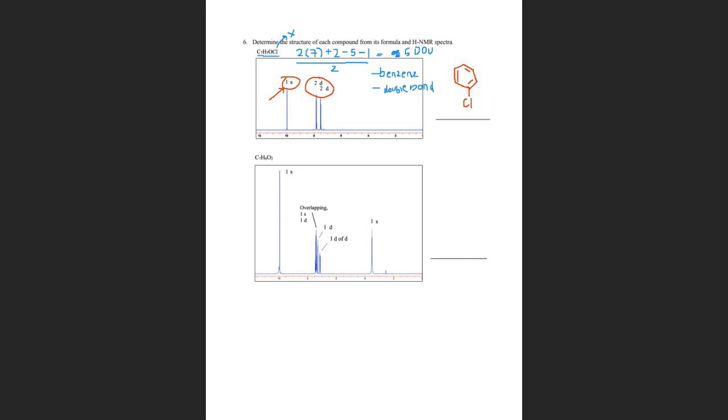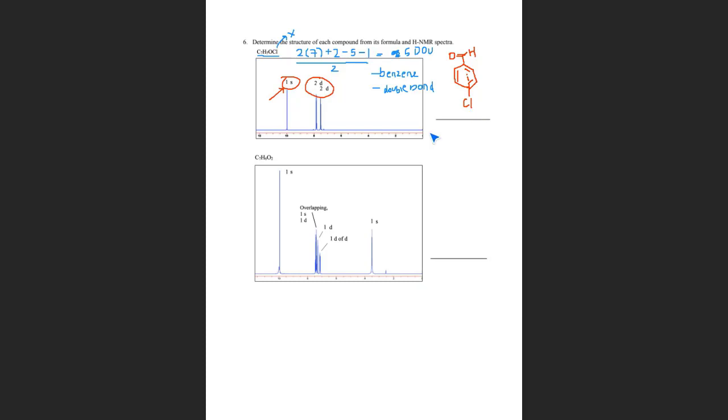But in order to get that symmetry, it's going to be right in line with the Cl here. So if we draw it out, this might be the best place to put our aldehyde. So if we count our carbons, we have 1, 2, 3, 4, 5, 6, 7. If we count our hydrogens, we have 1, 2, 3, 4, 5, and then we have our Cl. So that would be your final structure.